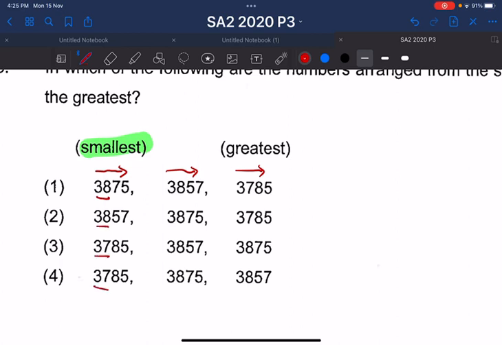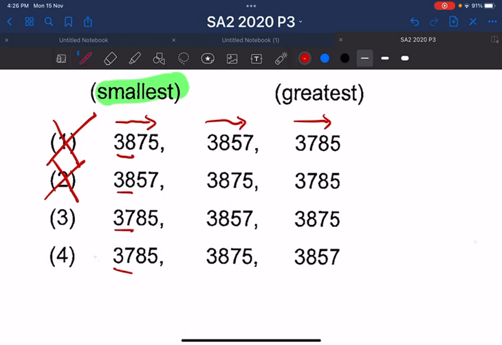You can already tell that the smallest number cannot be 38. So we're going to cancel off option 1 and option 2, which will leave us with option 3 and 4. Alright, so let's continue to compare. 37 is the same number, so there's not much to compare. 3, 7, 8, 5 are all the same numbers, so there's nothing for us to compare.